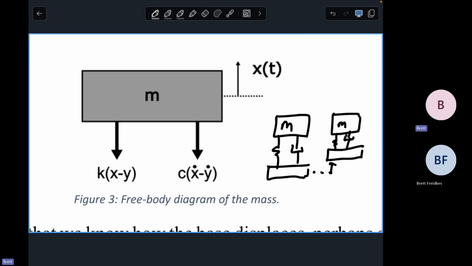The mass is going to want to go up because the spring does not like being compressed. It's going to try to push out in both directions. So the base will feel a force going down, but we don't care about that. The mass will feel a force going up.